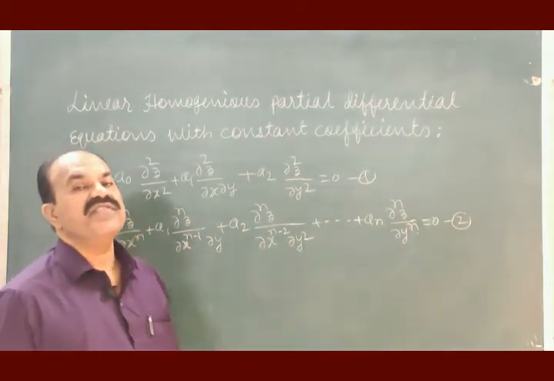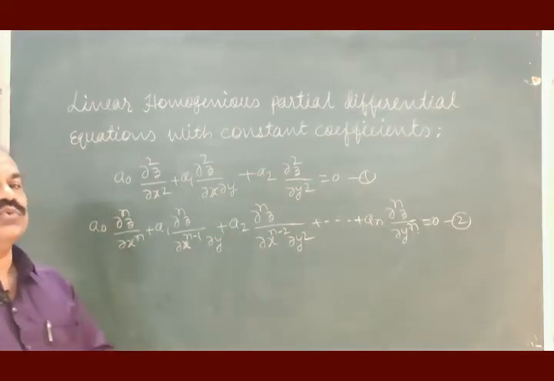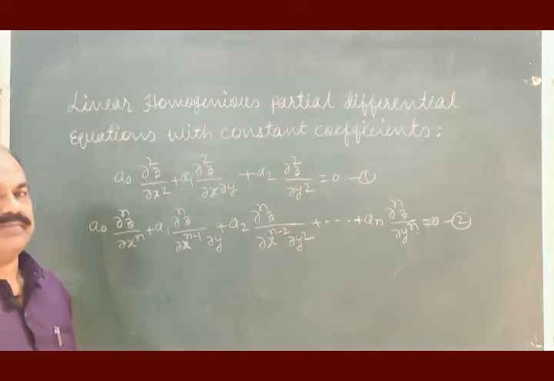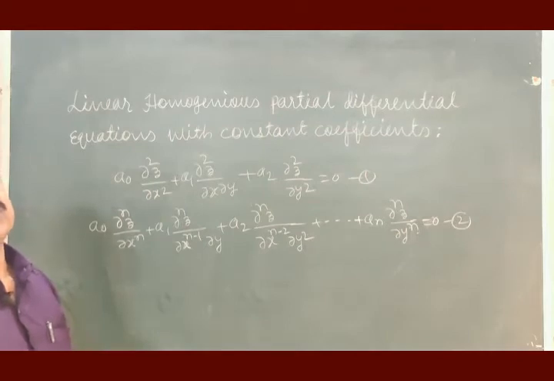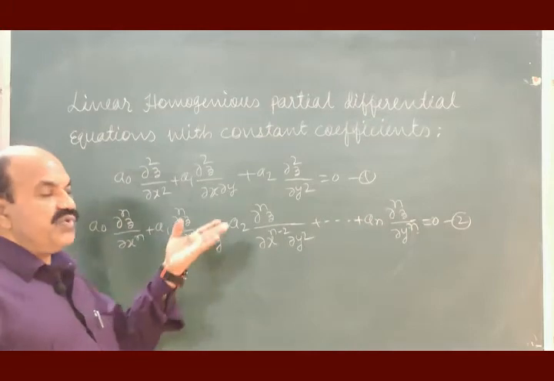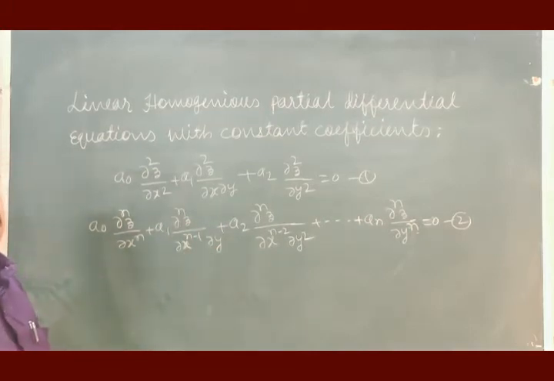As order of differentiation of each partial differentiation in equation 2 is n, it is the same. It is linear homogeneous partial differential equation with constant coefficients. More correctly, equation 2 is linear homogeneous partial differential equation of order n with constant coefficients.